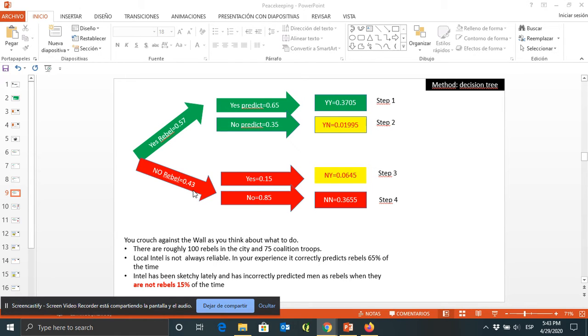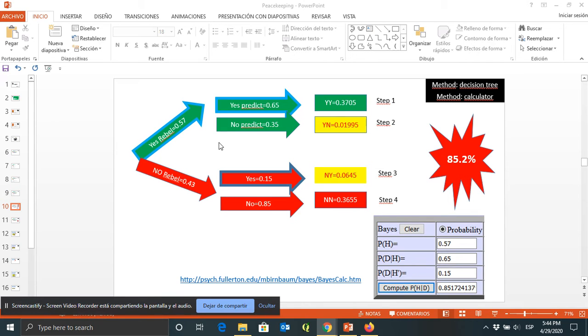So we also multiply the no, yes version, 0.43 times 0.15, and we get 0.0645, step 3. Again, if we subtract 1 minus 0.15, we get 0.85. The no, no version is 0.43 times 0.85, which equals 0.3655, step 4.